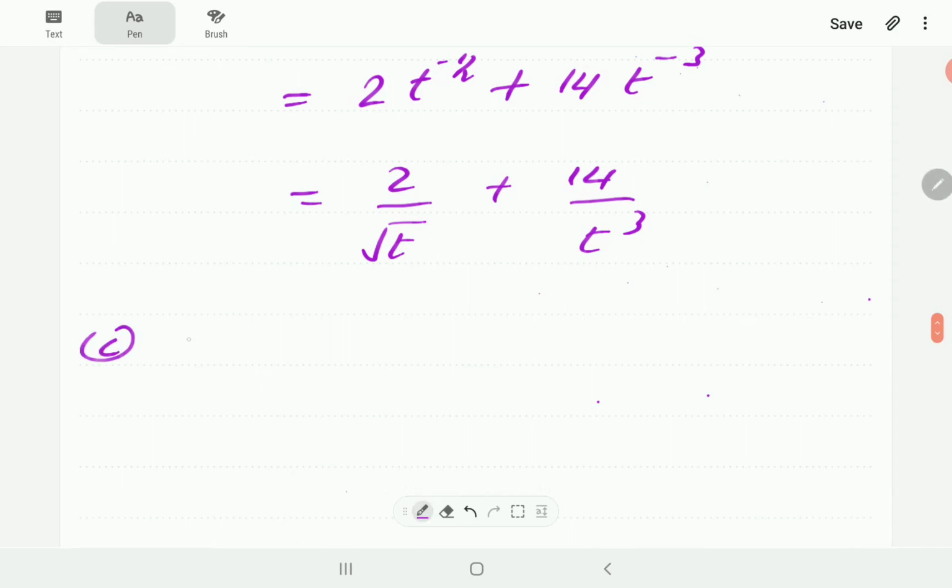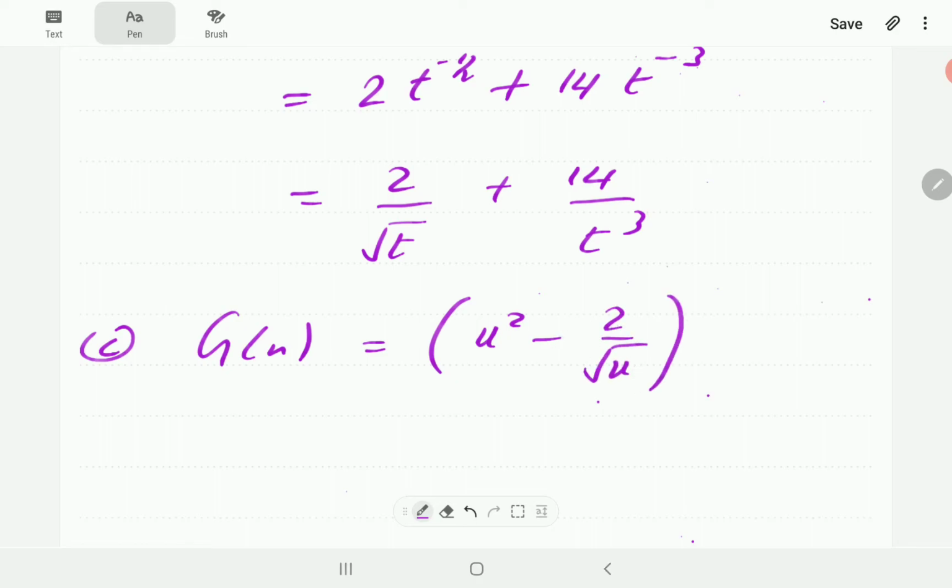Going now to example number C, we have got g of u. Now g of u is u squared minus 2 over square root u, to the power 2. So again, looking at this, these terms inside we can differentiate, but we've got this power 2 outside.